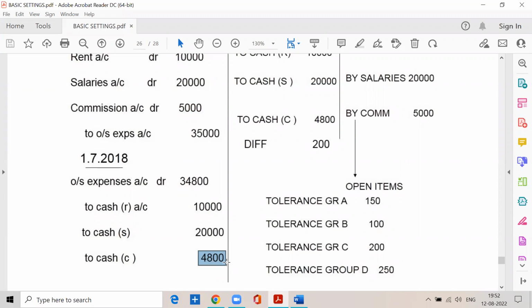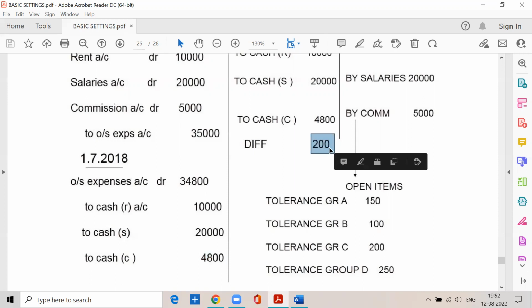Then you do one thing: take this 4,800 rupees, and collect the remaining 200 rupees when you come next time to our office. The commission agent accepted. So he has taken 4,800 rupees. That's why I have credited cash account with 4,800 rupees. That's why there is still a balance of 200 rupees in the outstanding expense account.